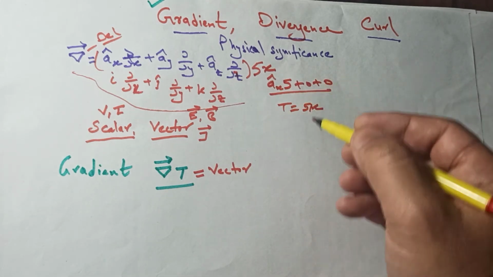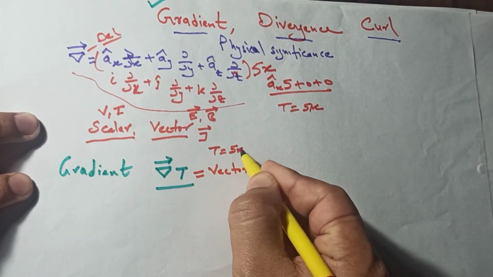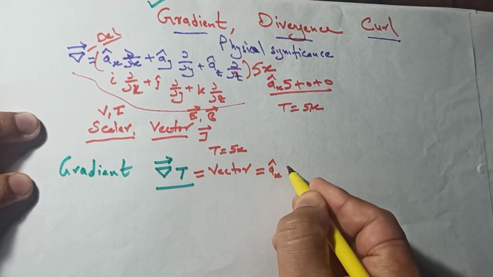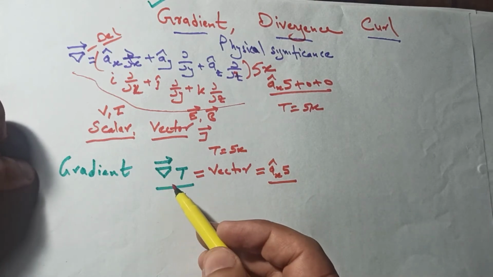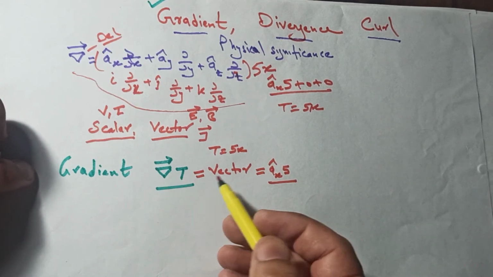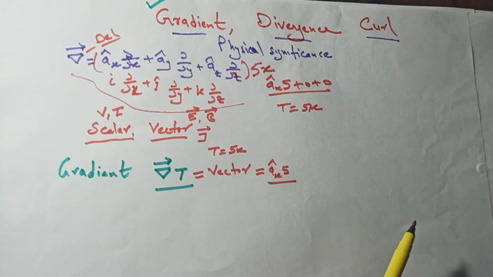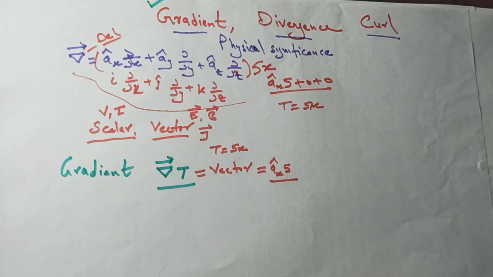So if the temperature is 5x, the gradient will have a value ax 5. It is a vector quantity. So the gradient of any scalar quantity is a vector quantity. It gives you the magnitude as well as direction. It is the maximum rate of increase or maximum rate of decrease of any scalar quantity.